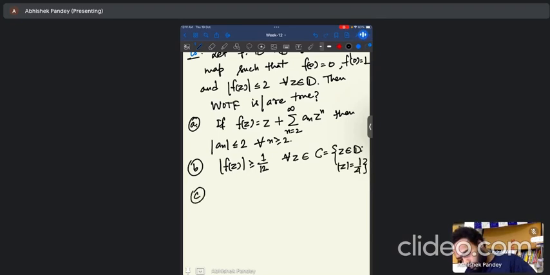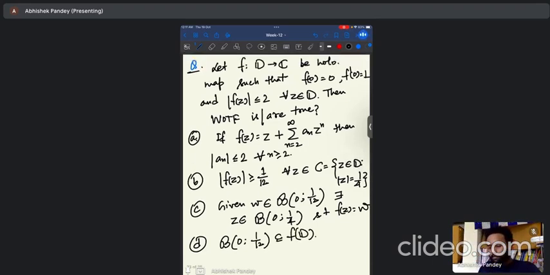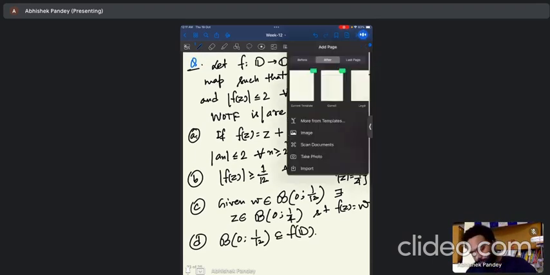Option C: given w belonging to this ball, there exists z belonging to this disc such that f(z) is equal to w. And option D: this ball is contained in the image of the unit disc under f. Okay, so let us solve this problem.